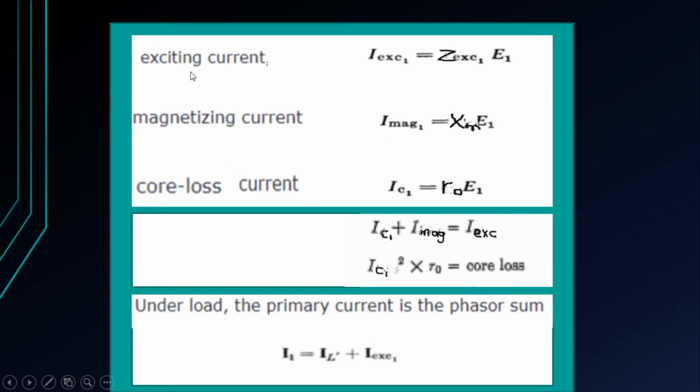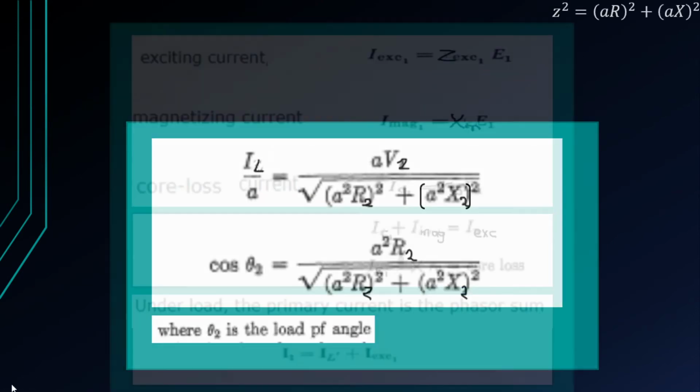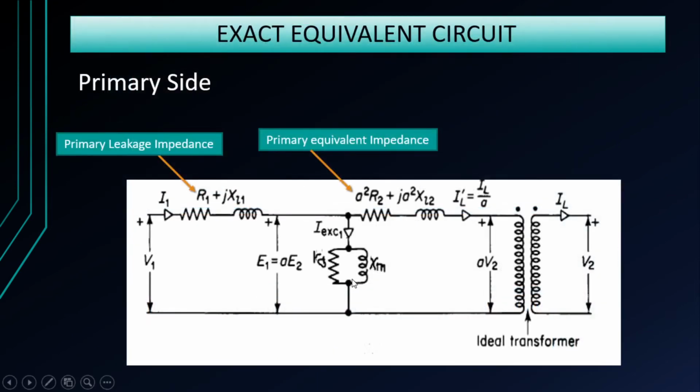Next, we have here the equation or the formula for exciting current. Exciting current is equal to E sub 1 over the exciting impedance. Yung same, makukuha natin siya dito sa R0 tapos X sub m, the impedance.